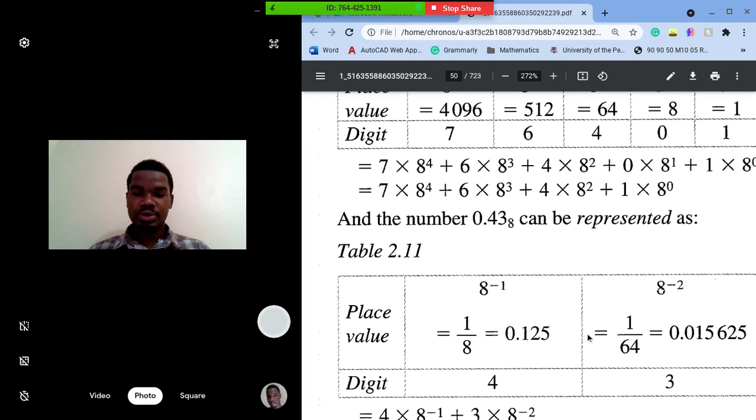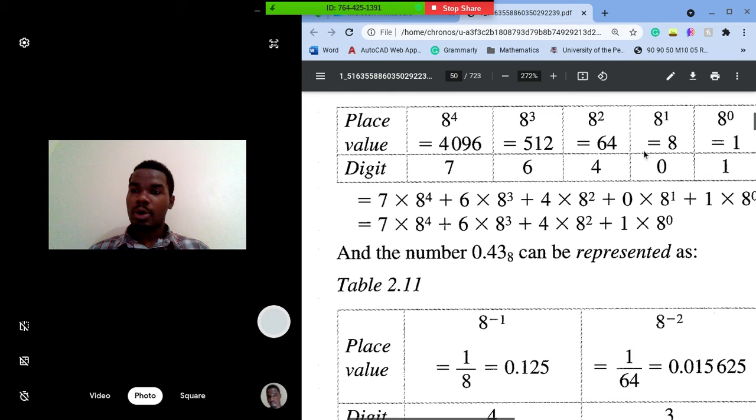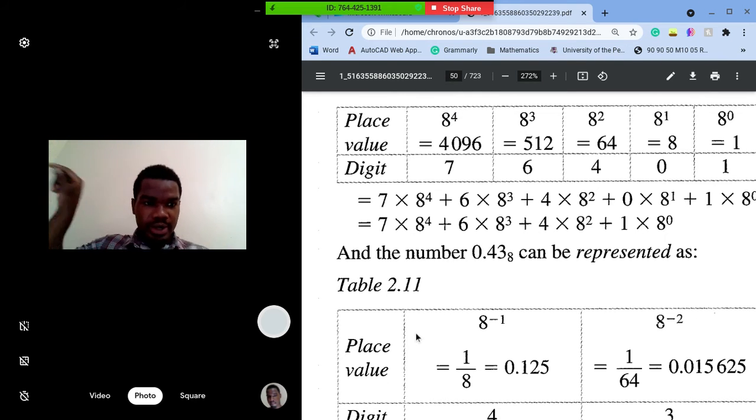I told you that when you're going in this direction, you go to a power of 1, but whenever you're going to the right, that's negative. So this first number would be -1, this second number would be -2. So 8 to the -1 is this place, 8 to the -2 is this place.